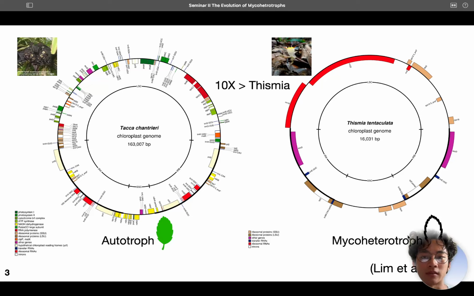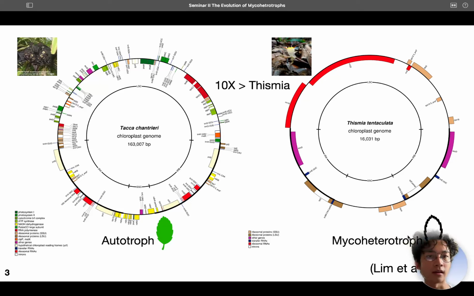There is a lot going on on the left side. It represents the plastome of Tachycardia, which is the autotroph, compared to the right side, less colorful, of Tisme tentaculata, which represents the mycoheterotrophic plant. The colors indicate the gene content within the plastome.